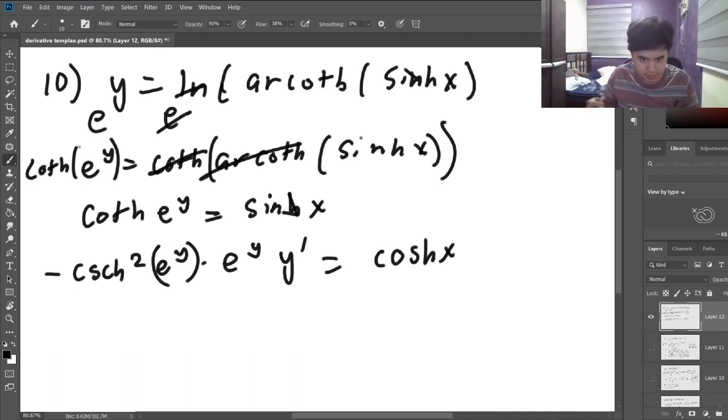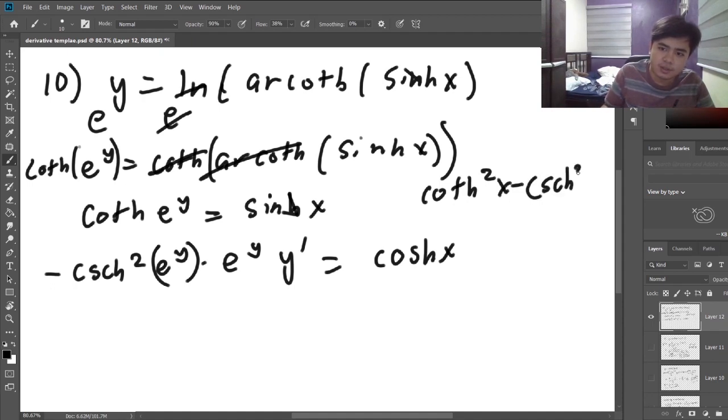So now what we can do is, well, this hyperbolic cosecant doesn't do me any favor. I want that gone. So how can we do that? We know hyperbolic cotangent squared x minus hyperbolic cosecant squared x is equal to 1, right?